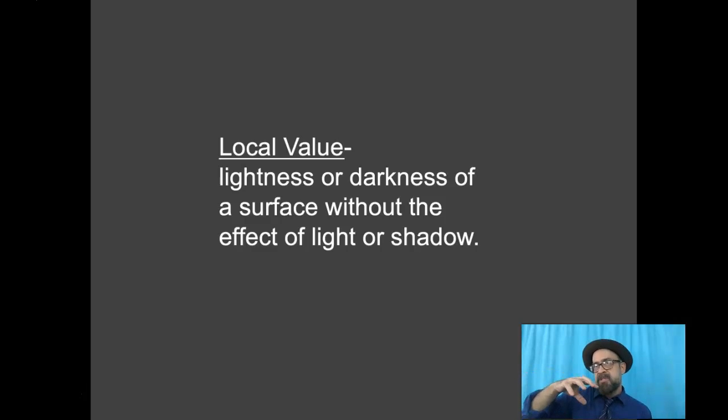That creates a three-dimensional quality when light hits a surface, and there are shadows that are a result of that, or highlights that hit that surface. So local value is just the value of the surface of an object without that effect of highlight or shadow on it, right?